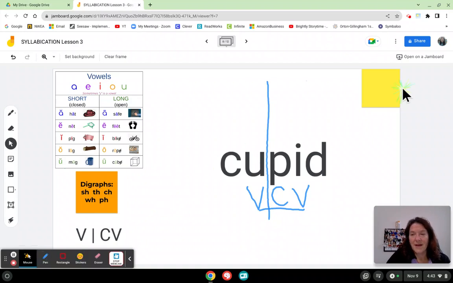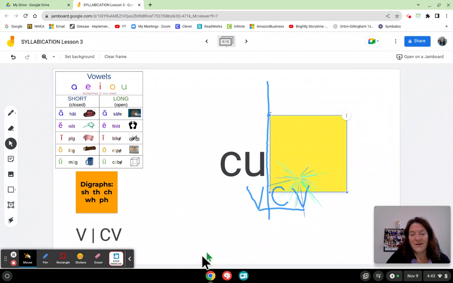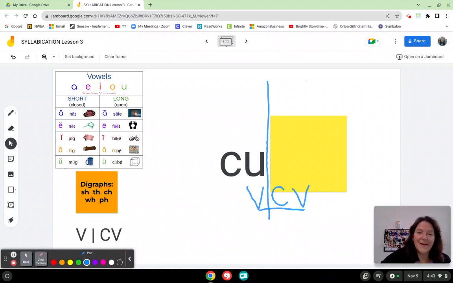Next, I grab my blocker, I cover the second syllable, and I see that there's nothing after the U. So this is an open, hang on, let me get my pen. This is an open syllable, and it makes a long U sound.